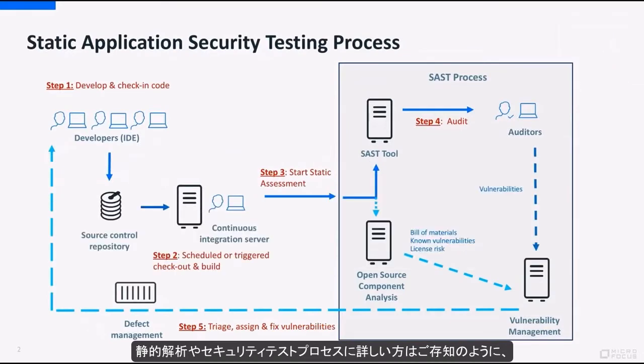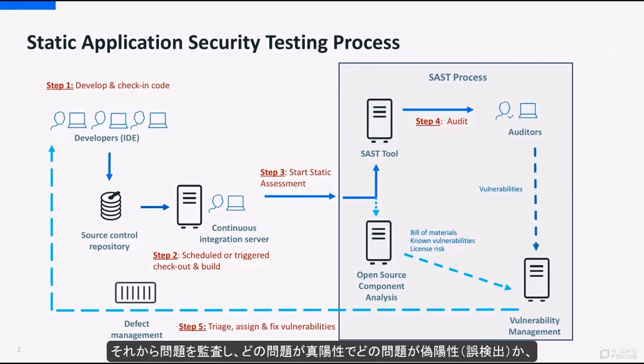So if you're familiar with the static analysis security testing process, typically, developers check code into a repository. There's some type of scheduled or triggered checkout and build. Static analysis is integrated into that build step where it's automatically scanned. And then typically you have this loop where auditors audit those issues, right?